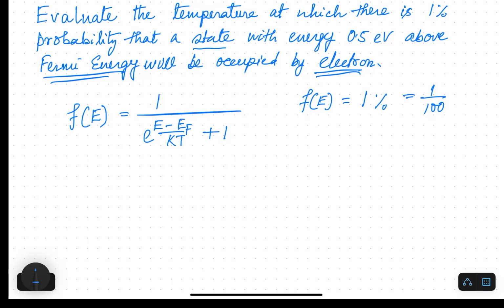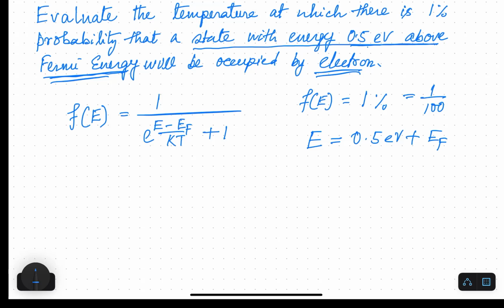A state with energy 0.5 electron volt above Fermi energy means that energy level which is 0.5 electron volt in excess of the Fermi energy.